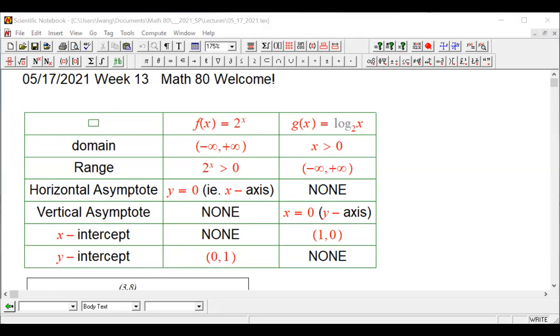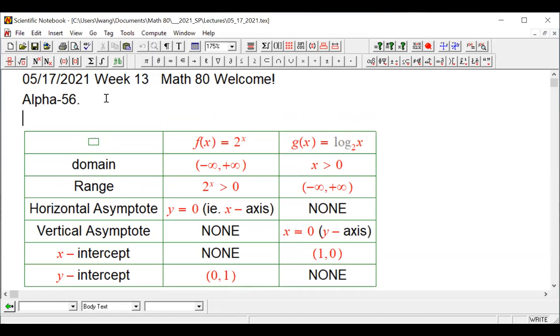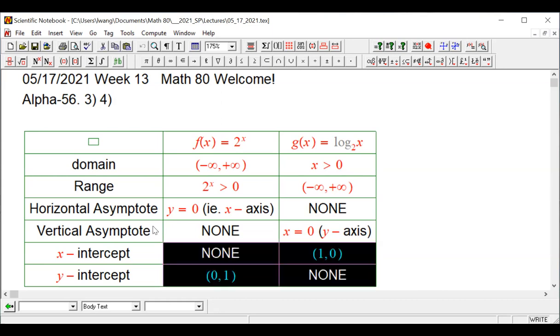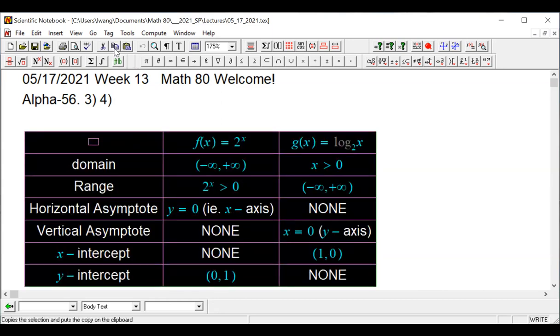So let's look at number 3 and number 4 of Alpha 56. We're basically going to do the same table, and I'm going to do the graph.